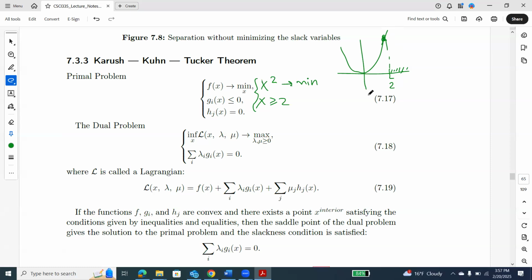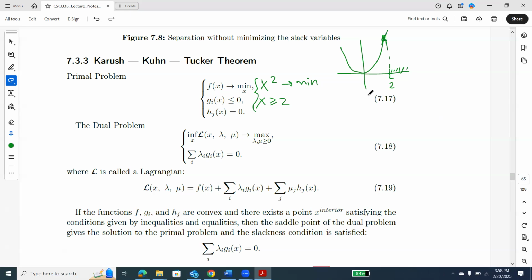But we could solve this by observation. How would you solve this if the number of variables is 100? You cannot solve this by observation. And then the Karush-Kuhn-Tucker theorem, named after three people, is helpful.